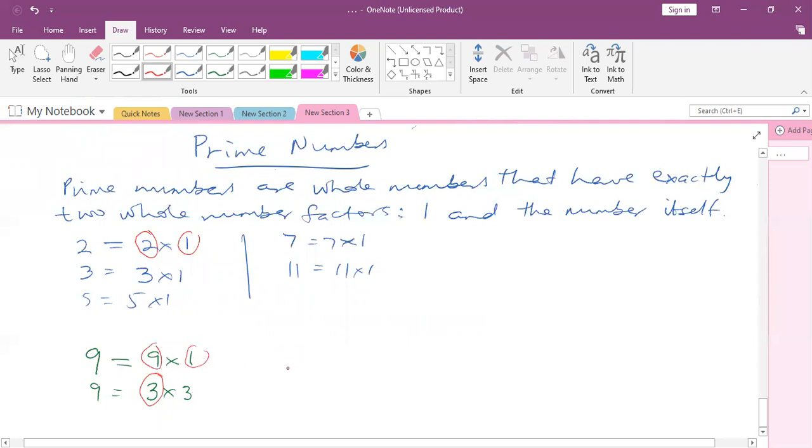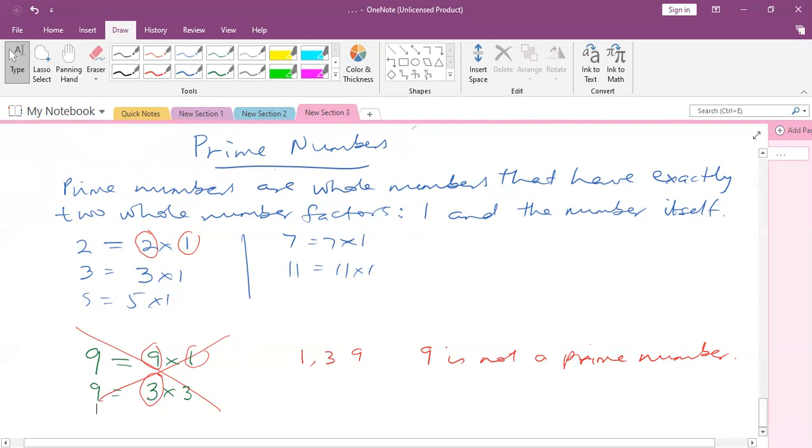Because it has 3 factors, that's 1, 3, and 9, more than 2 factors, 9 is not a prime number. Okay, more than 2 factors.